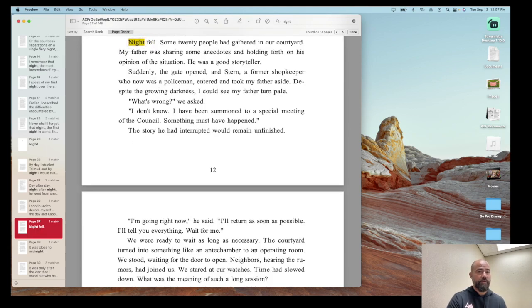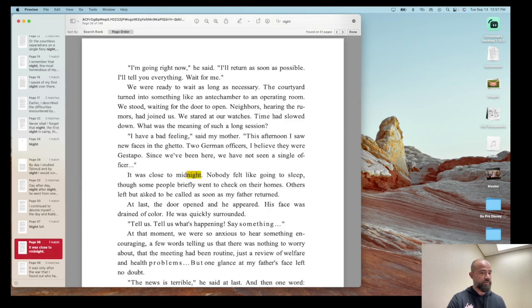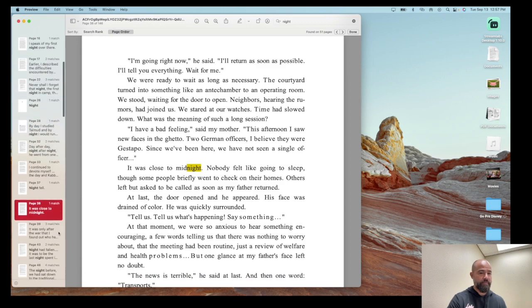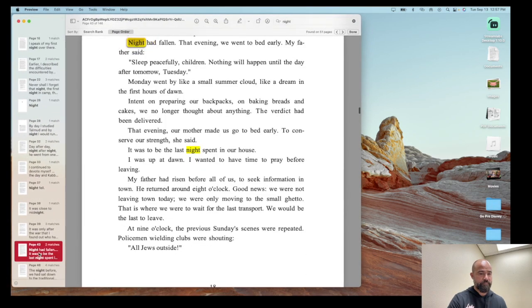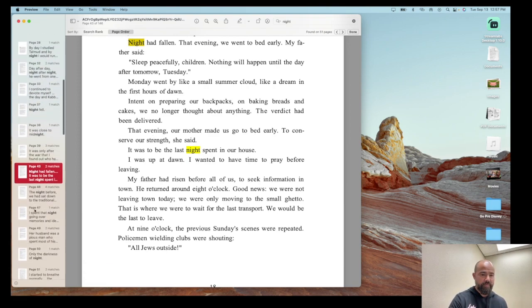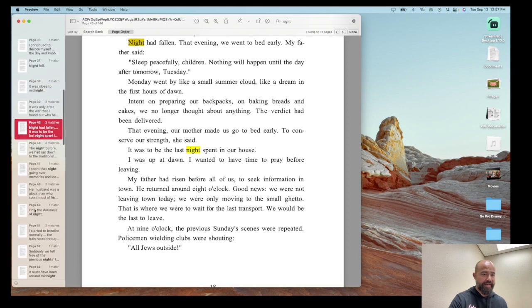Night fell. Some people had gathered in our courtyard. That's being used figuratively, but it's not really symbolically. It was close to midnight. Nah. Night had fallen. That evening we went to bed early. Nah, same kind of thing. Night before, spent that night.